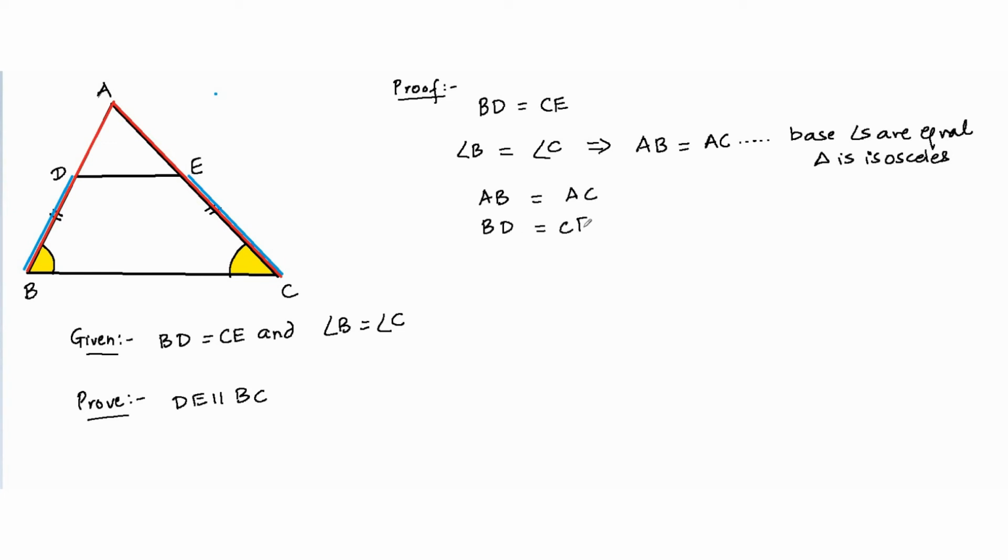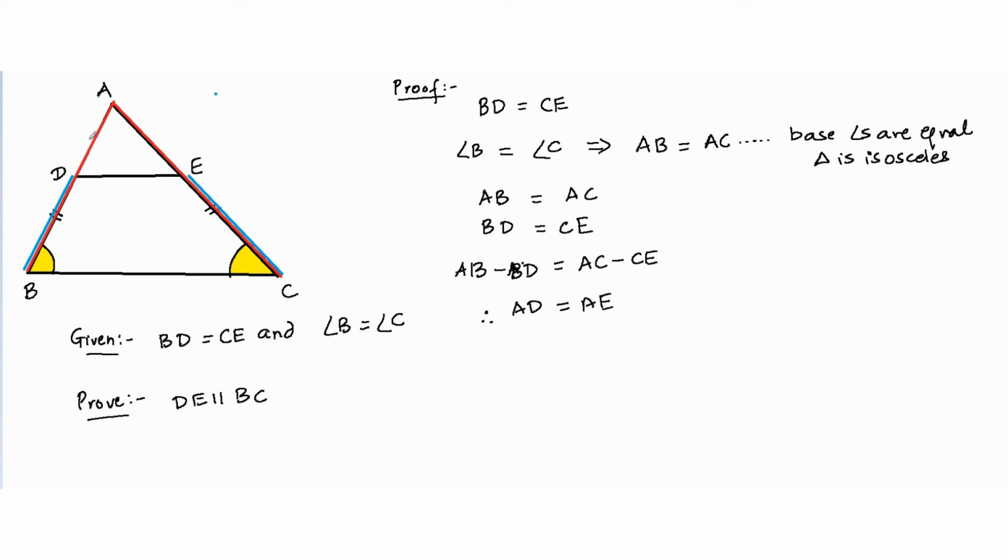Therefore I can subtract these two equations. So AB minus BD becomes equal to AC minus CE. Now what is AB minus BD? AB minus BD will be equal to AD. Therefore I can say that the length of AD is equal to AC minus CE, which is equal to AE, right?